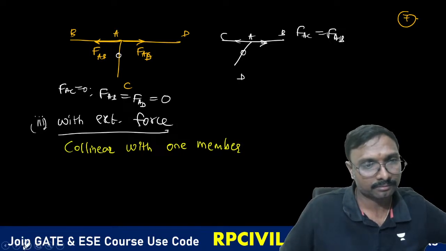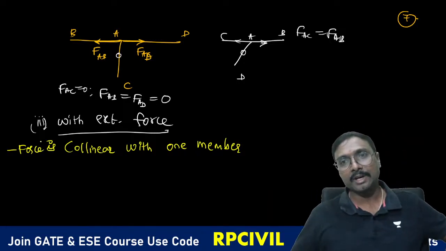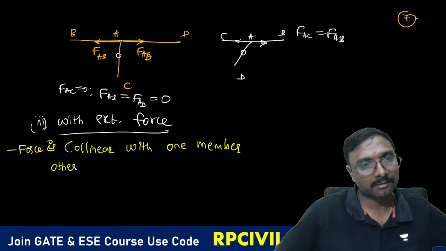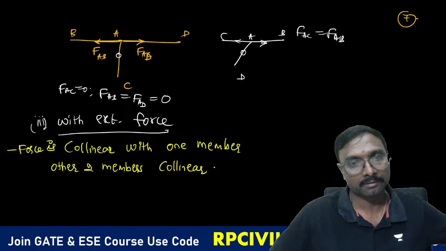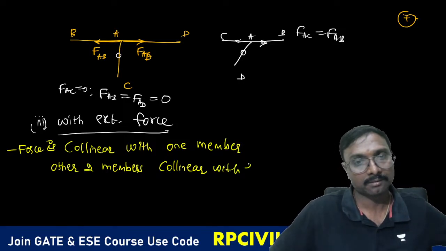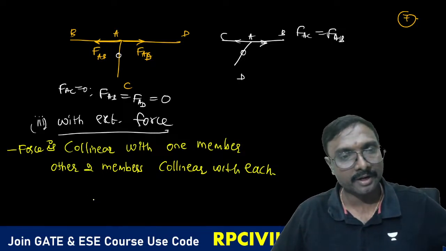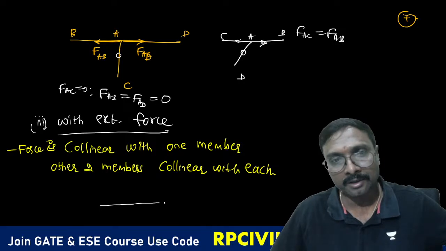The force is collinear with one member, you can say. And what about the other members? The other members are collinear with each other. In this example, if you consider, these are the members now.